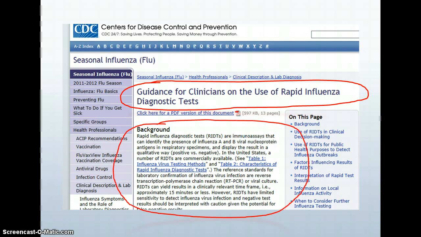If you read the content of this website, rapid influenza diagnostic tests are immunoassays that can identify the presence of influenza A and B viral nucleoprotein antigens in respiratory specimens. Okay, and if you keep reading on, you'll see that this content is full of medical terms and probably very unfamiliar words. The audience for this site is definitely a very medical and technical group of people.